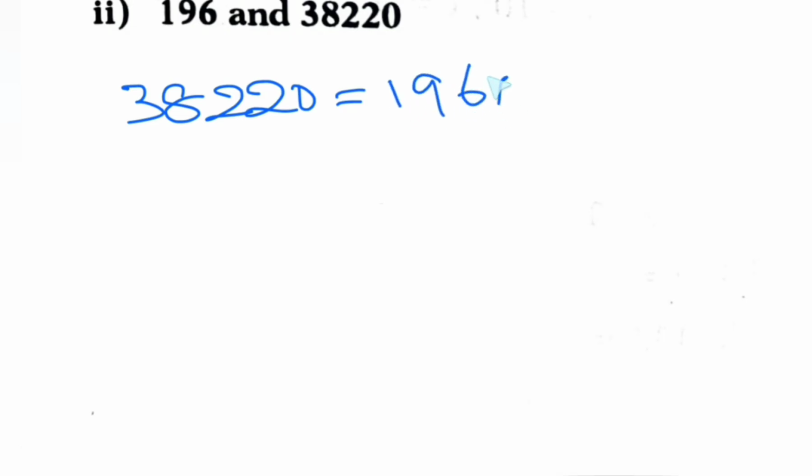Find the HCF of 196 and 38,220. Here a is 38,220 because it's greater than 196. So write 38,220 is equal to 196 into 195. 195 into 196 is 38,220.